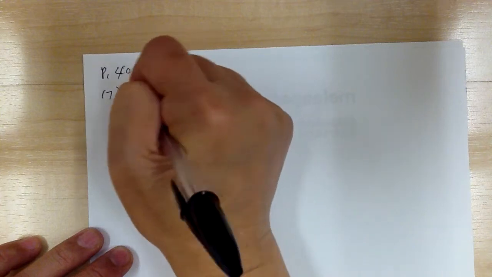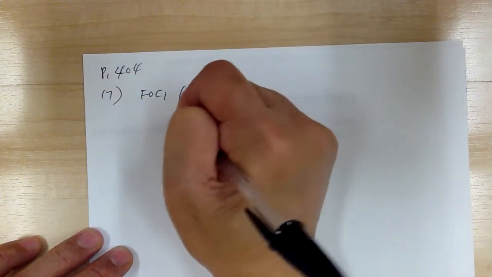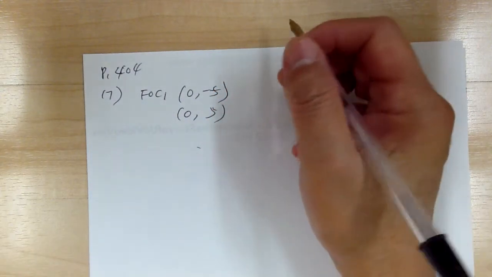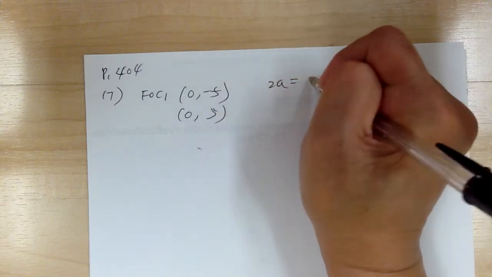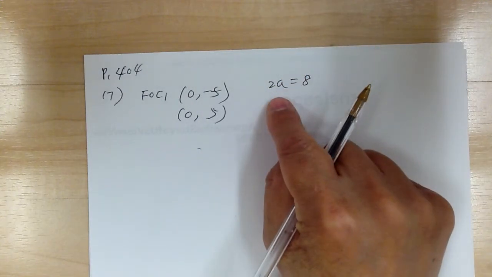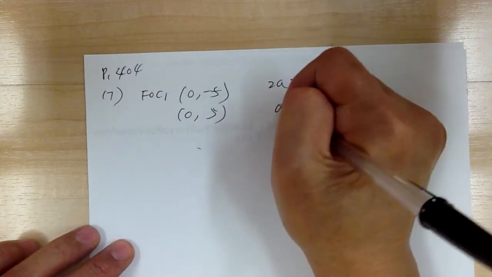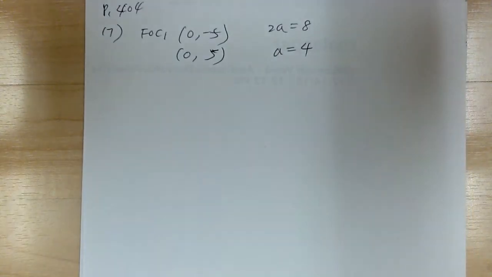So 17, you have the foci at (0, -5) and (0, 5). And the difference of focal radii is equal to 8. That means 2a equal to 8. Okay, so the difference of the focal radii is 8, so it means 2a equal to 8. That means a equal to 4. So what you need to do is you need to go and sketch it out.